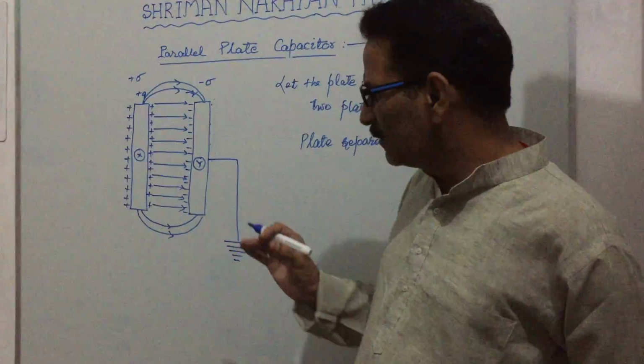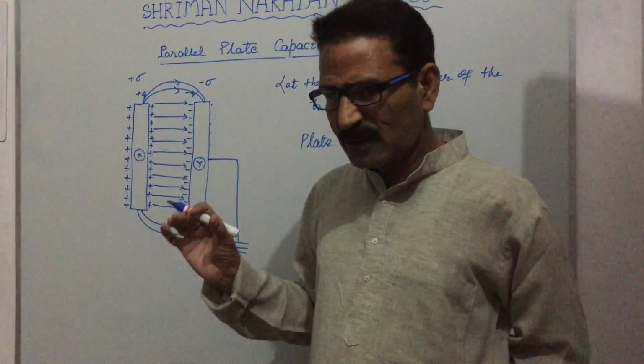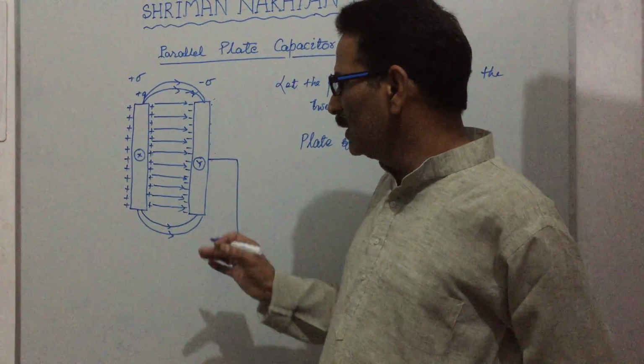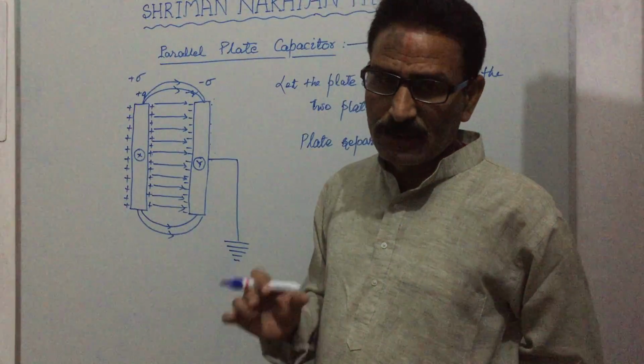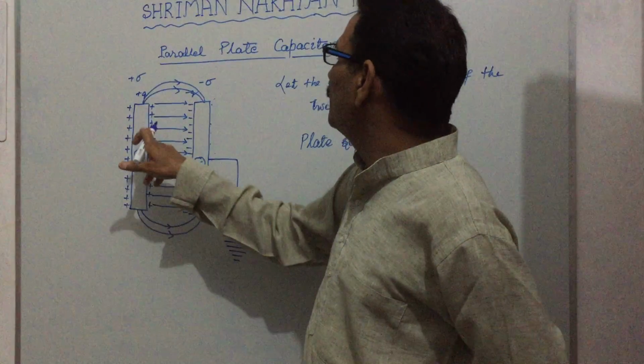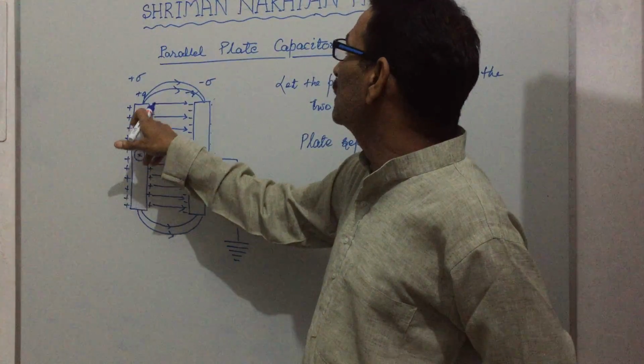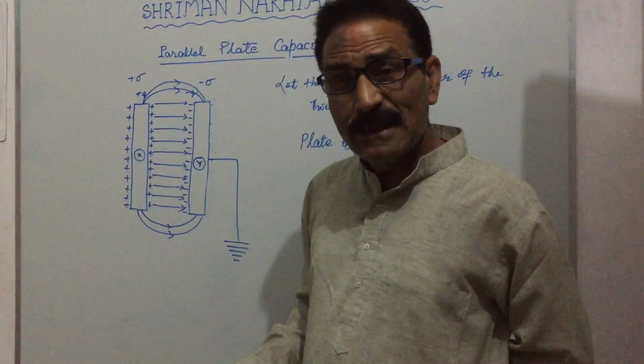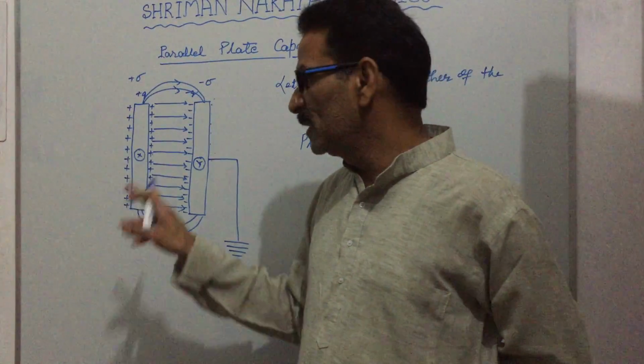But remember here, when one asks what is the charge of this capacitor, then always mind, whatever the charge is given to this plate X, it is called the charge of this capacitor.